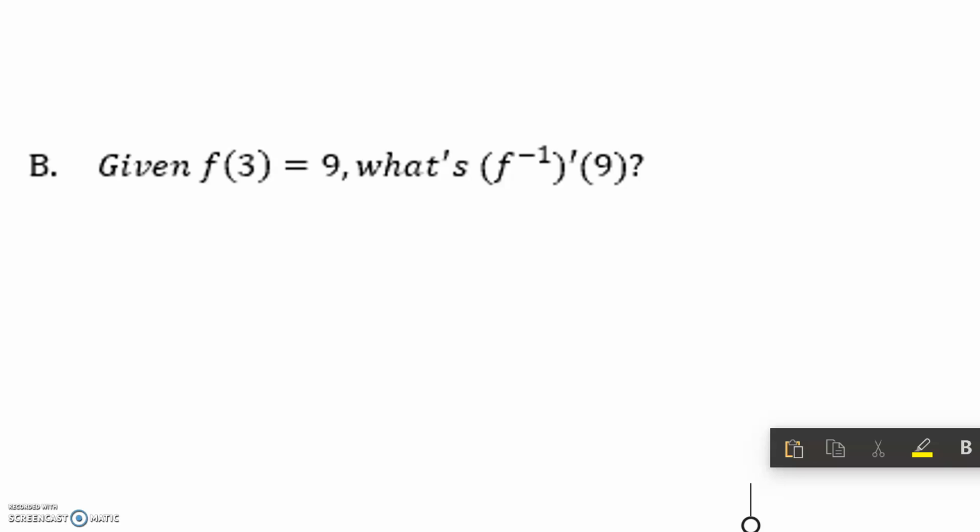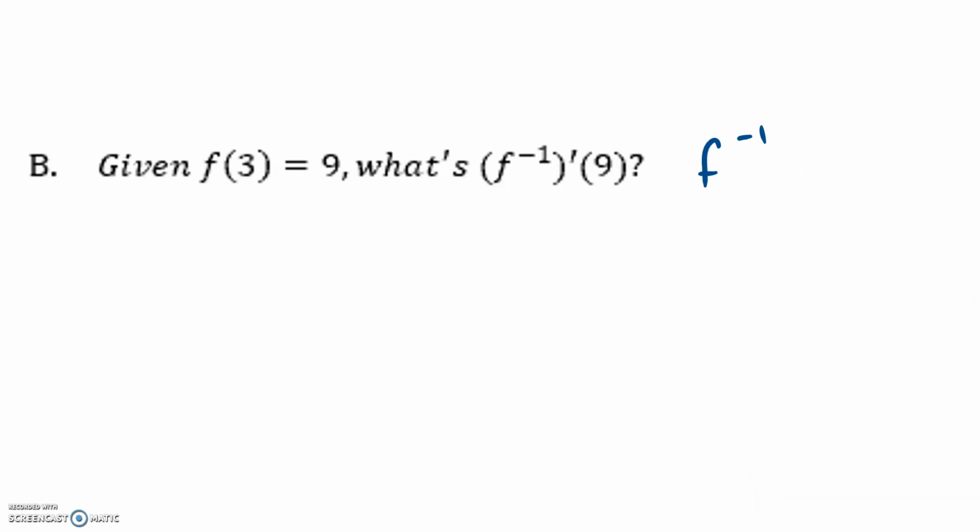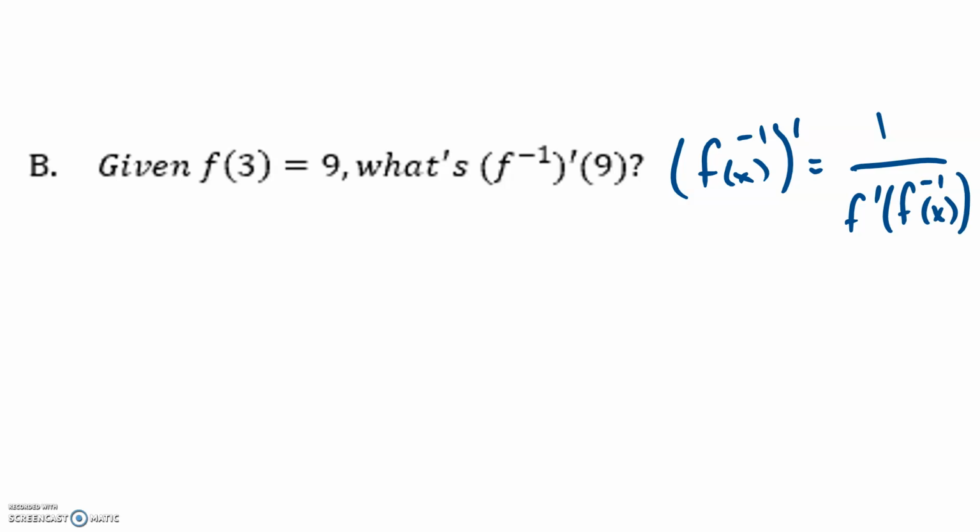So for each problem, I'm just going to write our rule down because it's going to be important. We're going to be using it again and again. All right. So here I've got f of 3 is equal to 9.